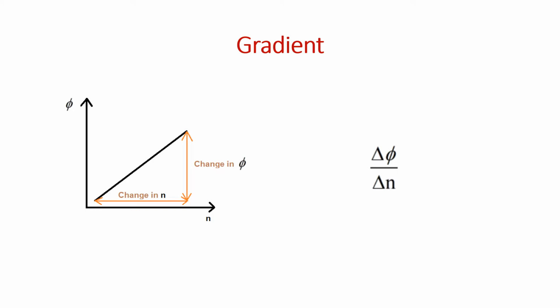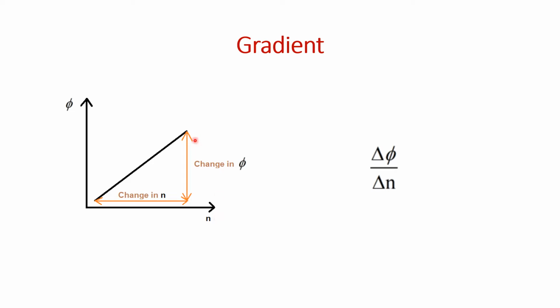So first of all, what is a gradient? Let us take two variables, one is phi and one is n. Phi can be anything. We can say it is velocity or temperature, and n can be the x distance or the y distance.